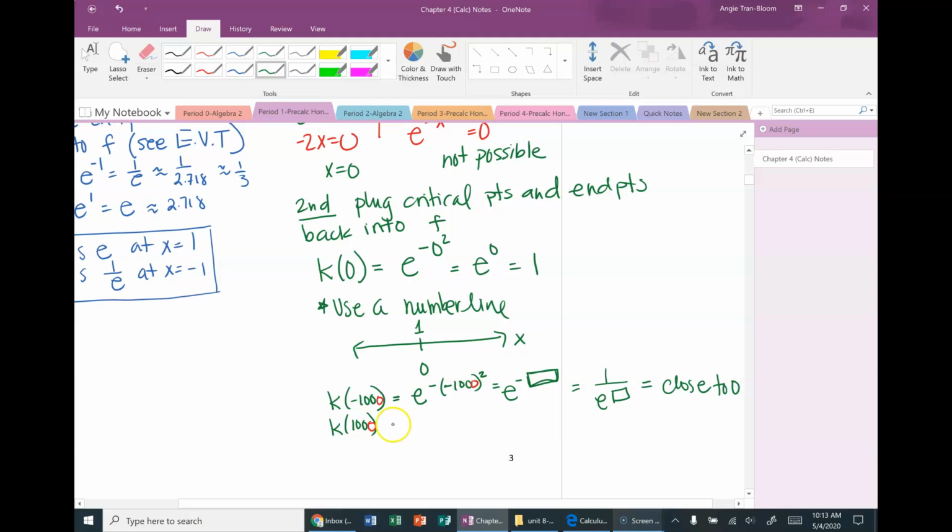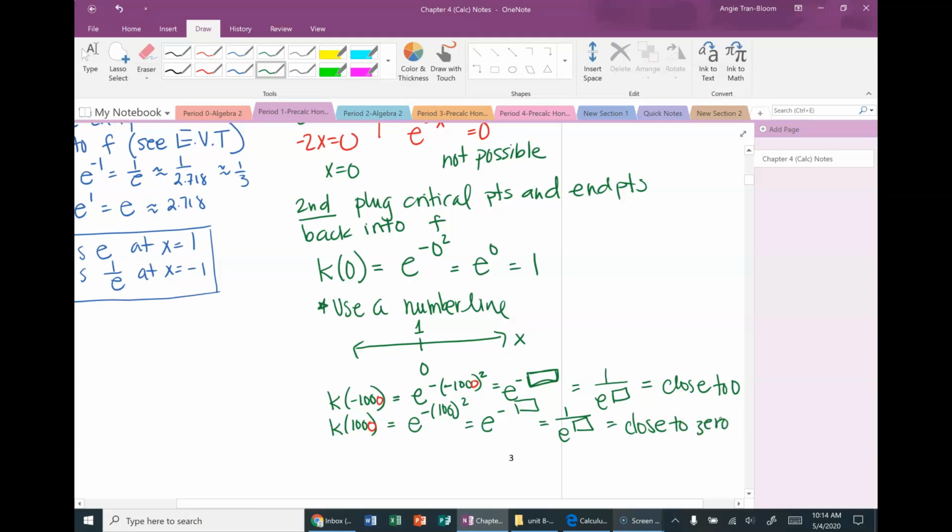Okay. Then we're going to do the same thing to this side. And again, I've chosen 100. It doesn't really matter. E to the negative, similarly, we're going to pick 100 and we square that. It's still going to turn out to be e to some ginormous number, 100,000. Well, 1 over e to a positive big number, again, similarly, it's going to give us a number close to 0.